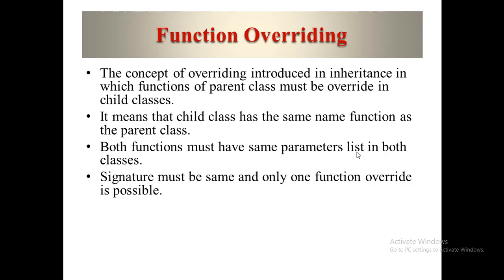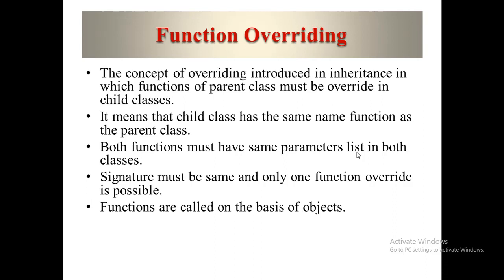That's why it's called function overloading, where one function name is overloaded into performing different functions. While in function overriding, a function can be overridden only once in the child class, right? But the signature, meaning the parameter list, and the function name must be the same.